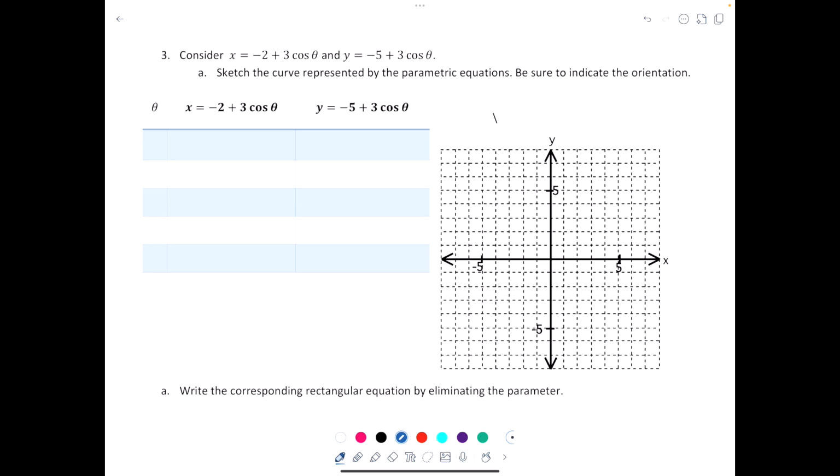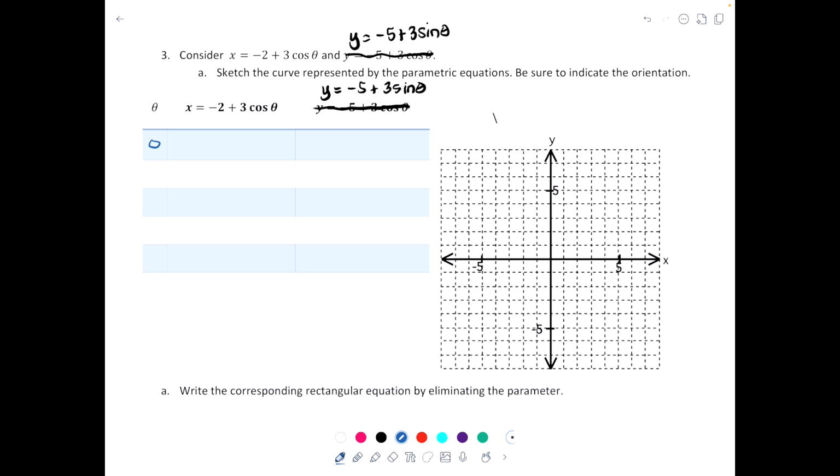Now we have this next one, and my apologies, I have a typo here. y is equal to -5 plus 3 times sine theta. So please write that in. When we make our sketch, we'll start with theta equal to 0.